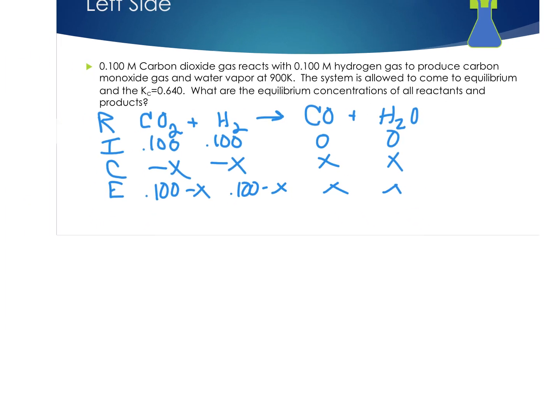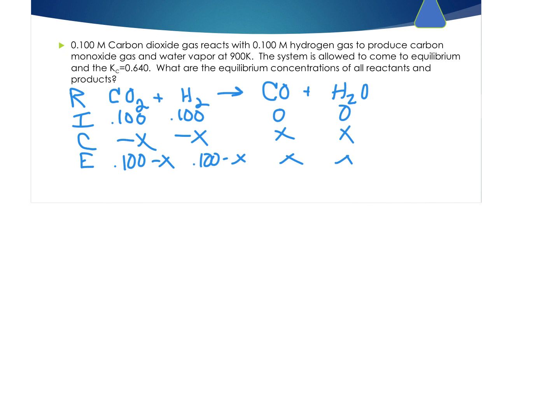Now that I've got all that filled out, I can use my equilibrium constant. Kc equals 0.640, which is products over reactants, so that's x squared over (0.100 minus x) squared.